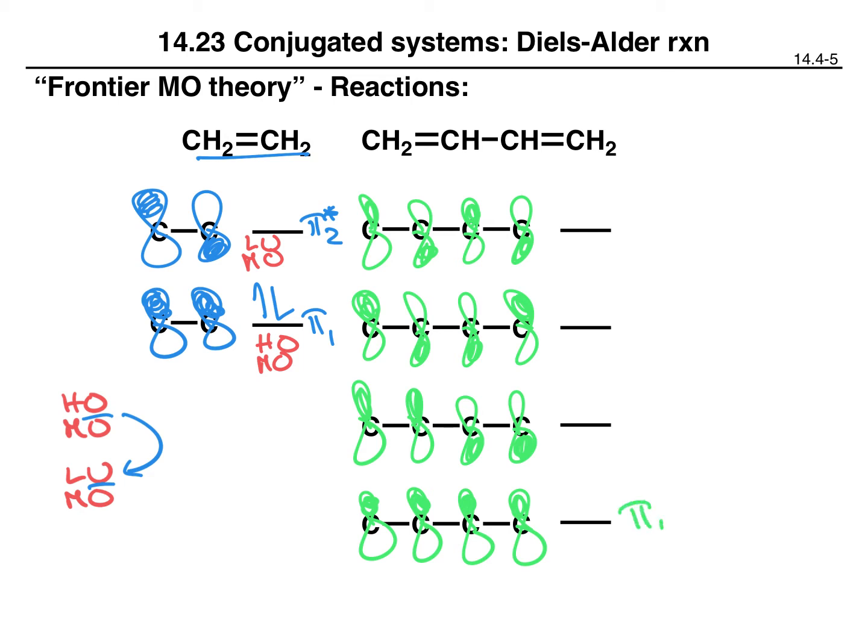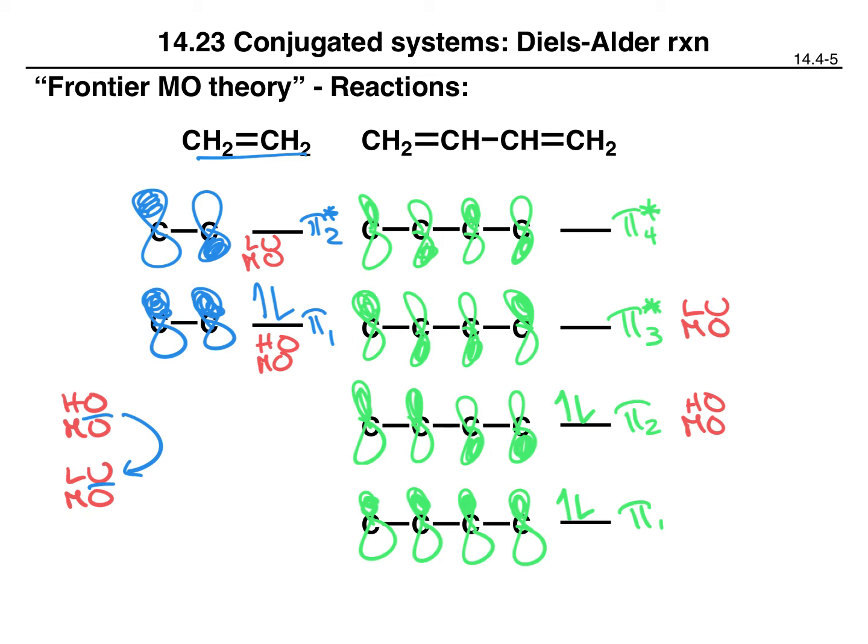These are our pi 1, pi 2, pi star 3, and pi star 4. We have four pi electrons, so we fill those in starting at the bottom, and this is what we have. So that means the pi 2 is the highest occupied molecular orbital, and then we have the lowest unoccupied molecular orbital as well.